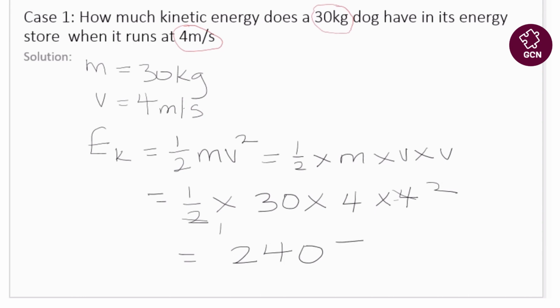You remember that I said that kinetic energy is measured in joules. So the dog has 240 joules of kinetic energy in its energy store.